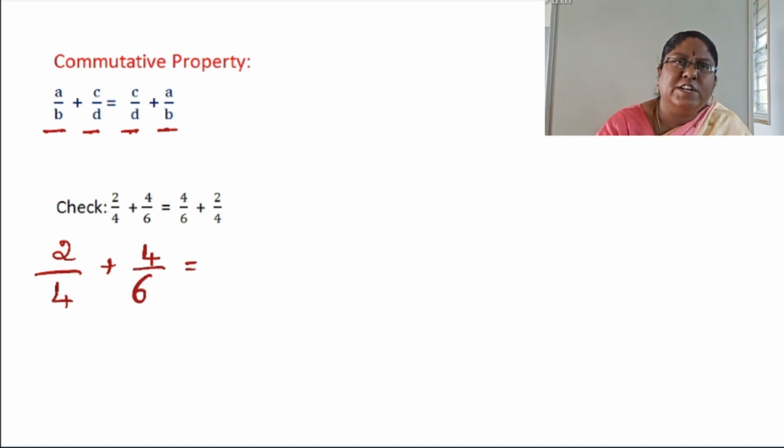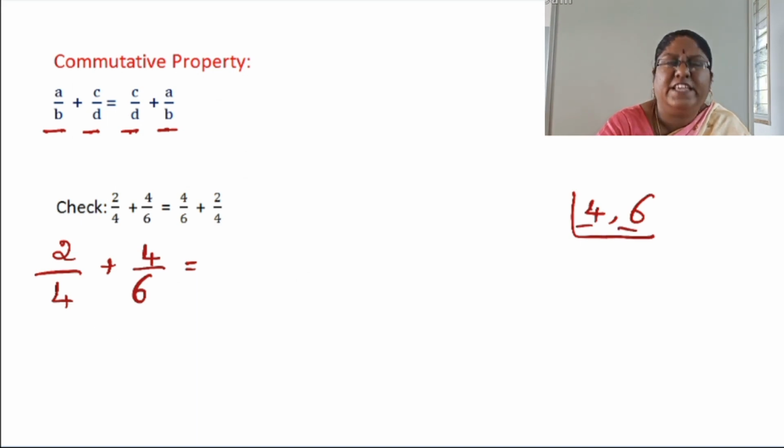The denominators are different, but they have common factors. So if they have common factors, first you should take the LCM. Shall we start? Now you say it. Which table, 2 or 3? They are even numbers, so you have to take 2. How many times? Anyone can answer?